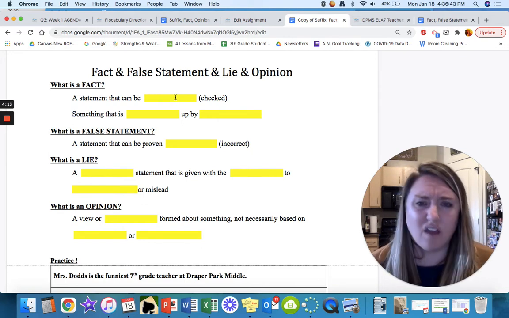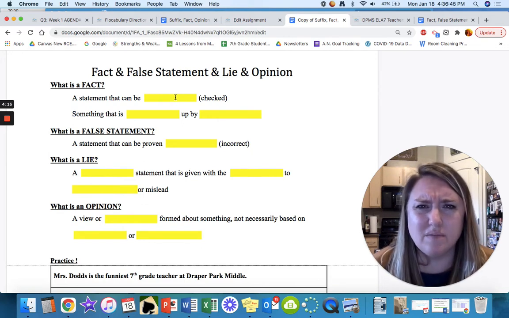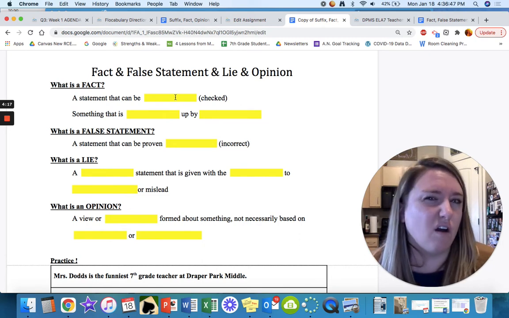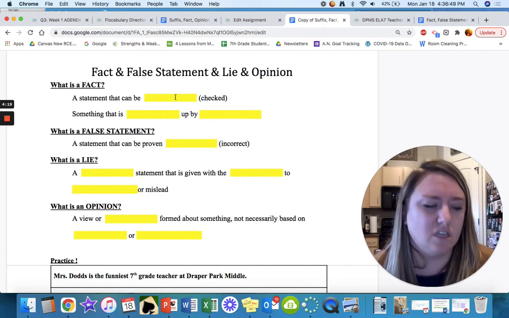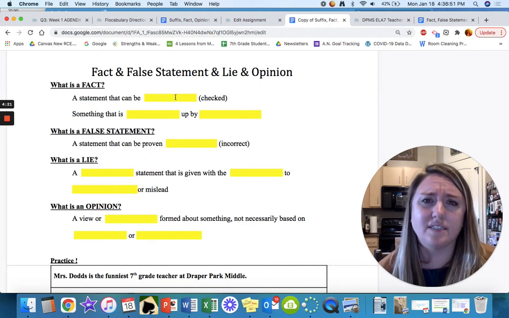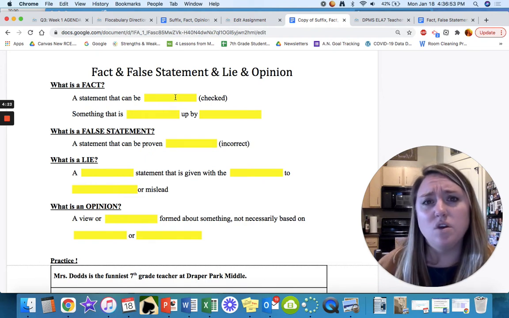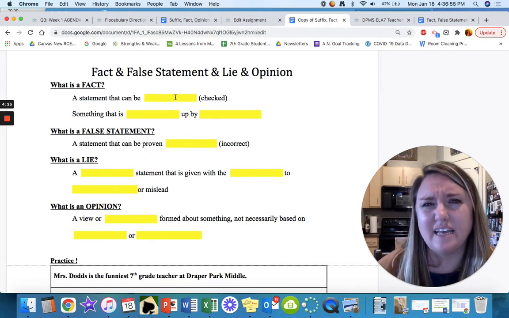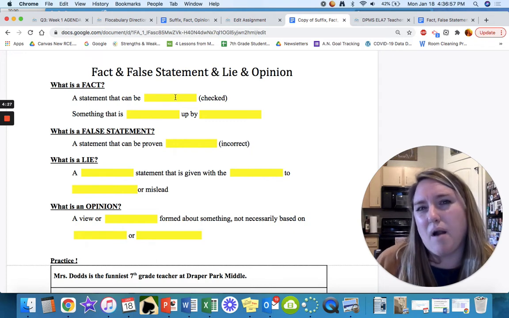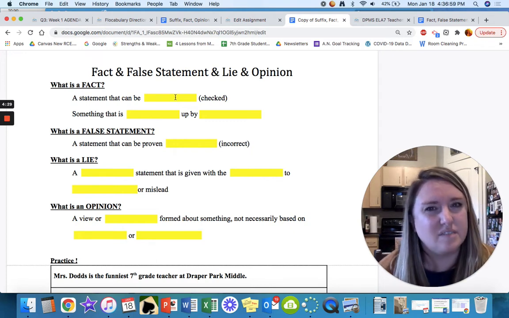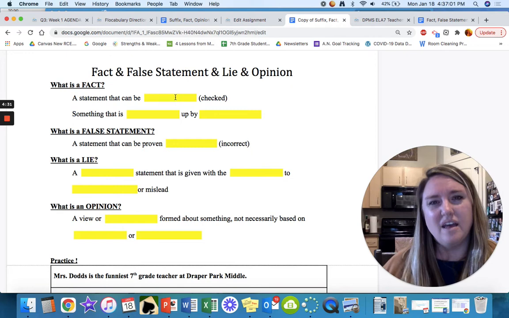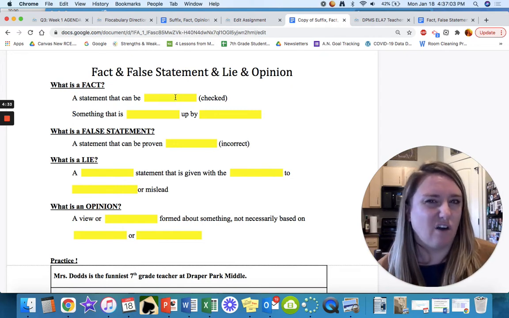That might make you think, why would someone lie? I bet you can think of a lot of ways. Sometimes people lie just to garner support. Like some politicians might say, if you vote for me, I will lower taxes. And in their minds, they might think, well, I probably won't lower taxes, but if I say that, then they'll vote for me. So they're lying to garner support.